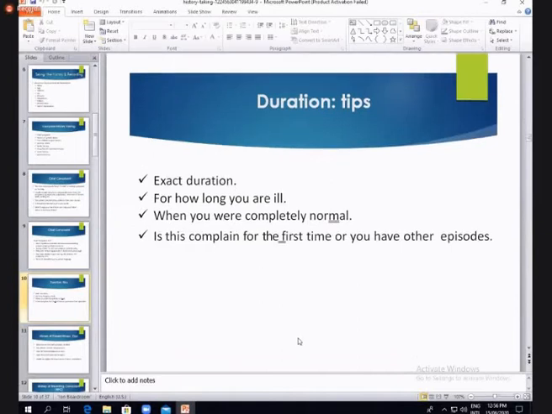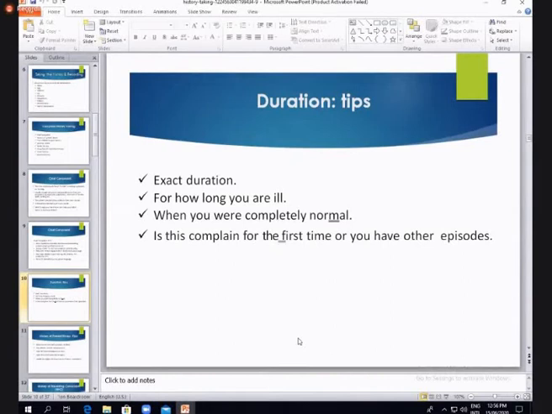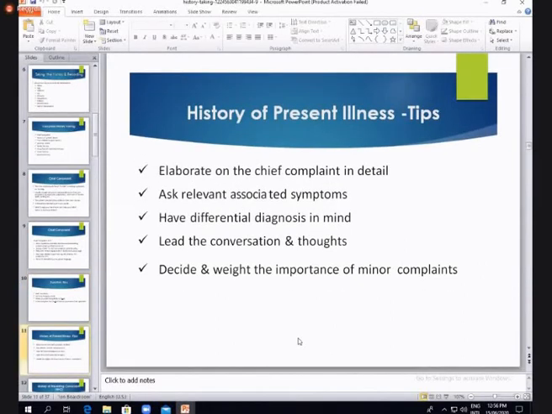So, coming towards the history of presenting illness, this domain describes the elaboration of the chief complaint. The elaboration comes in the form of associated symptoms. As I just mentioned, a patient comes to you with a complaint of shortness of breath.